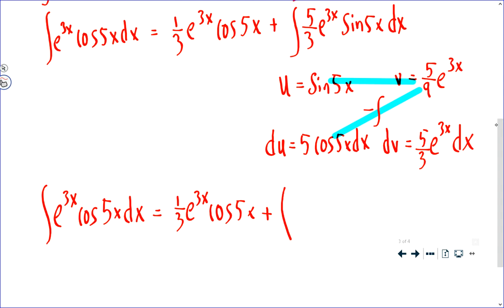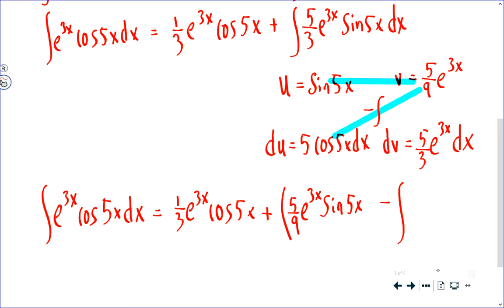Well, uv will be 5/9 e to the 3x sine 5x minus the integral of v du, which is going to be 5/9 e to the 3x times 5 cos 5x dx, and that's going to give us 25/9 e to the 3x cos 5x dx.